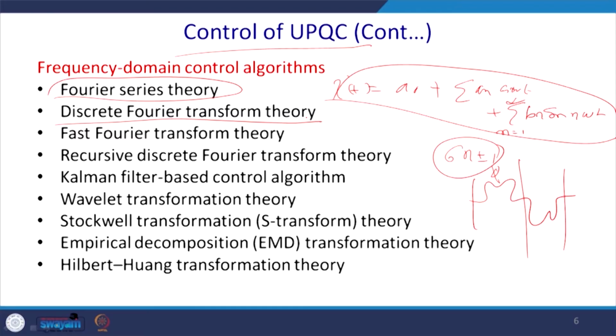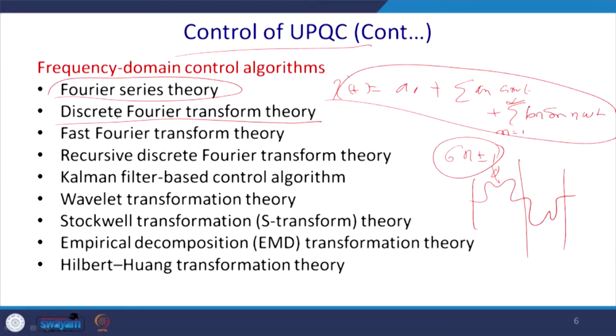There, after taking data of 2 cycles, or if a steady state is available, from a quarter of the cycle you can construct the full cycle. You require 2 cycles of data mainly, and so you can do the DFT and find out the frequency components accordingly.